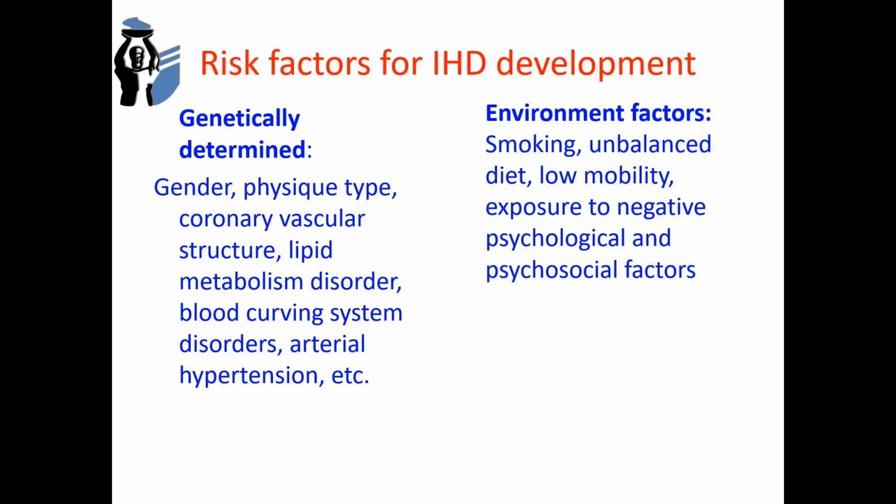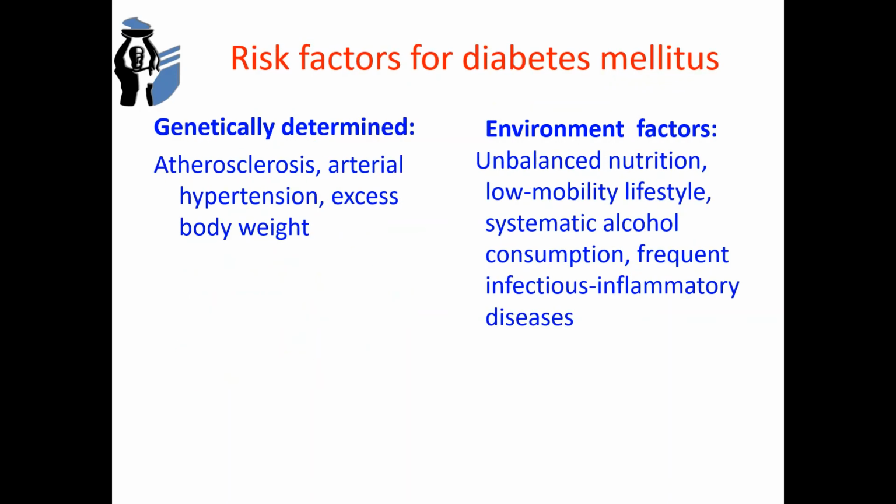The next example of multifactorial diseases is diabetes mellitus. Risk factors for diabetes mellitus are: the first group, genetically determined: atherosclerosis, arterial hypertension, excess body weight, and environmental factors: unbalanced nutrition, low mobility lifestyle, systematic alcohol consumption, frequent infections, inflammatory diseases.